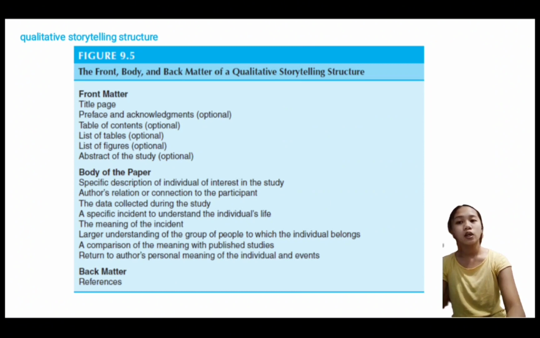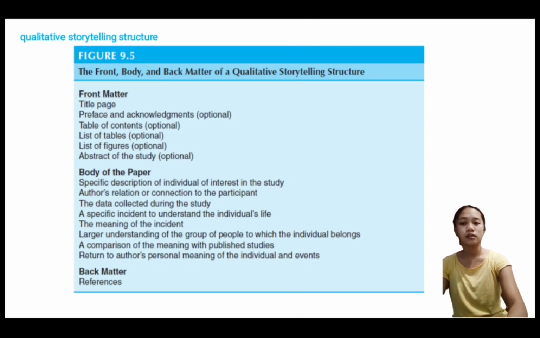While qualitative storytelling structure is a flexible approach to writing a qualitative report, the meaning of the study unfolds through description. The author's reflection on the meaning of the data, a larger understanding of the phenomenon, and a return to the author's story on the topic.